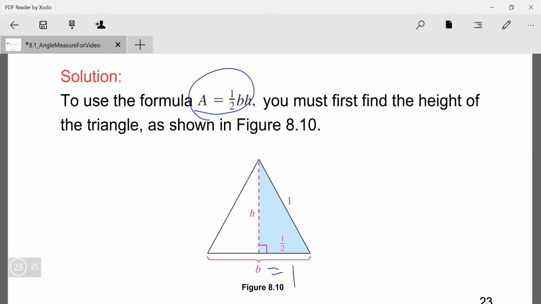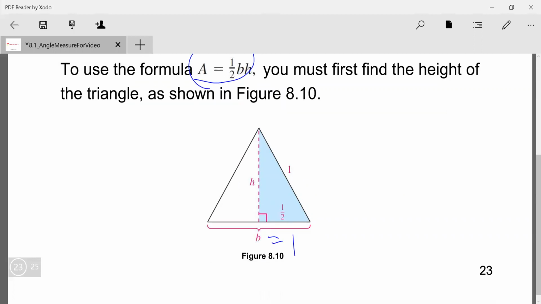The height is the altitude, and it bisects the base. Therefore, this here is 1/2. We also know this has to be 90 degrees. So we have a right triangle here, which is shaded.